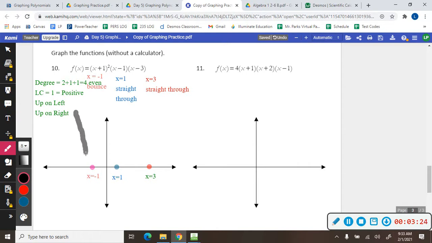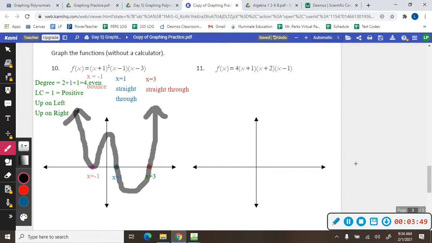So it's going to come down, do a bounce, then it's going to go straight through, and then it's going to come up and go straight through again. Now this is a very rough sketch of the graph. If I wanted to get the actual graph, I could plug in points and find it.